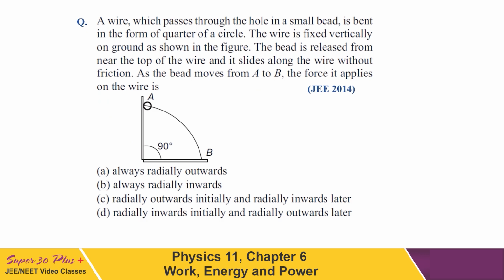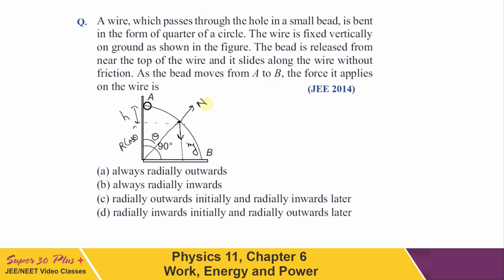So if we consider it at some intermediate position, let that be here, this length being h, which is at angle theta from the vertical, then this h can be written as r cos theta. In this direction mg will be acting and one normal has to be there along this direction.